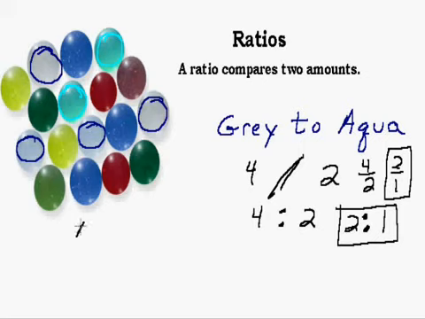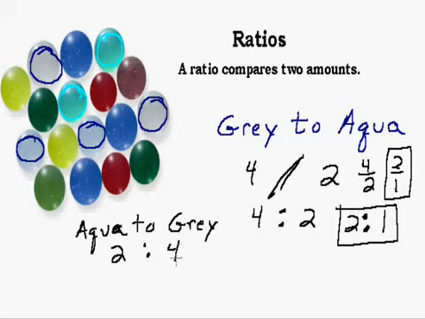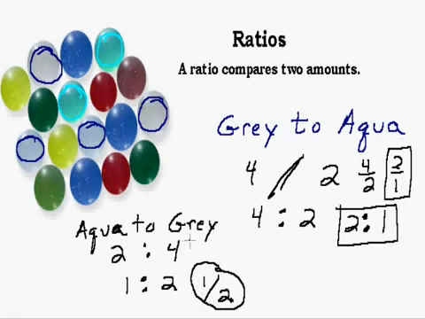If we switch that around and do aqua to gray, then we would have 2 to 4, which would reduce down to 1 to 2, and as a fraction we could write that as 1 over 2. So what that would mean is that we would have half as many aqua marbles as gray marbles.